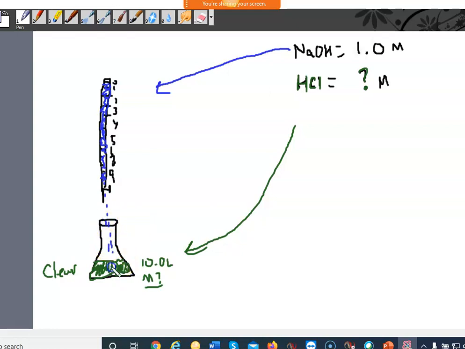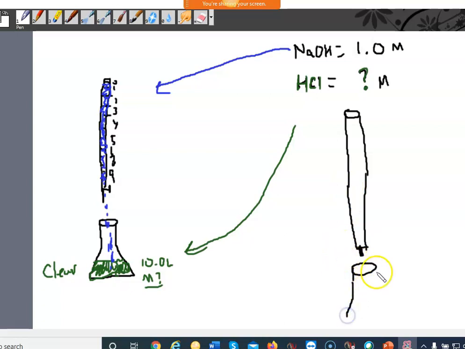I drip it in, I drip it in, I drip it in. Eventually, at some point, this is what it's going to look like. I now have my Erlenmeyer flask, and it's going to be a very light pink in color.